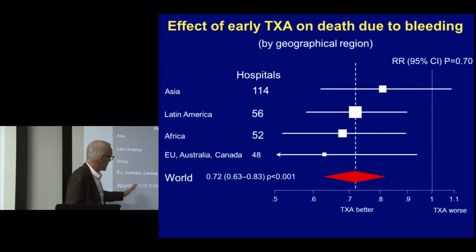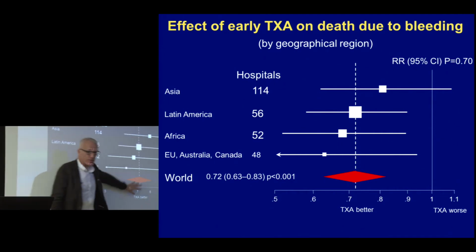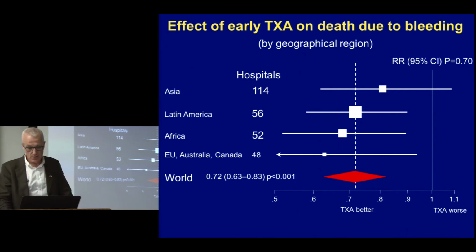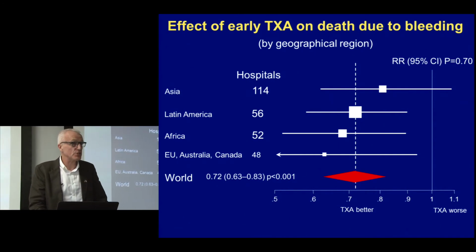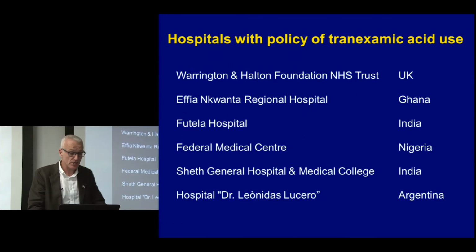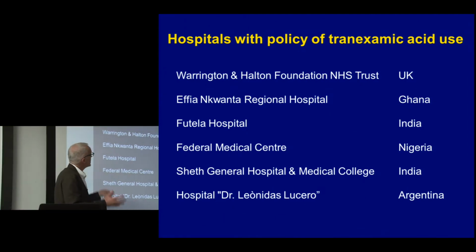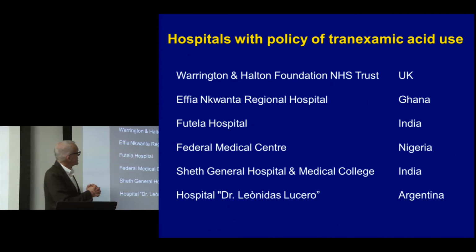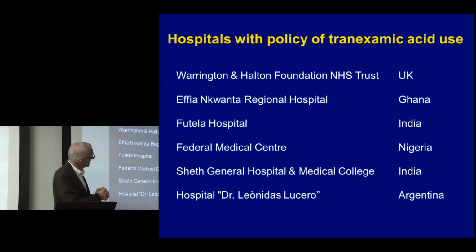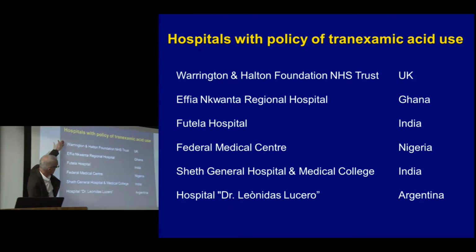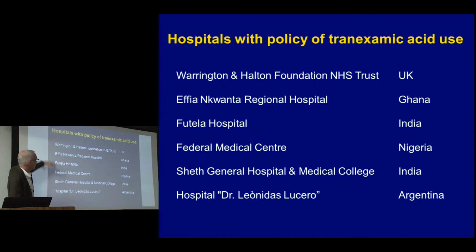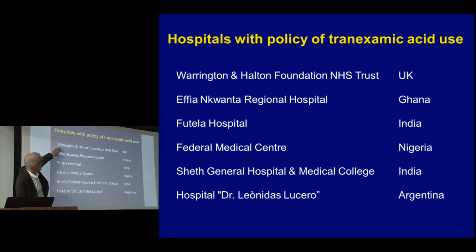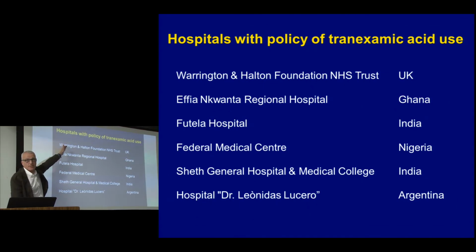But once you've found in a randomized trial that this treatment works, then you don't have to measure trauma death rates. You just measure which hospitals have a policy of giving it. These are hospitals with a policy of giving tranexamic acid, in all different countries of the world. There are some hospitals in the UK that don't give it.